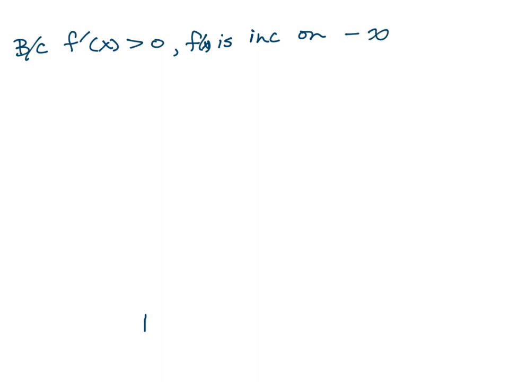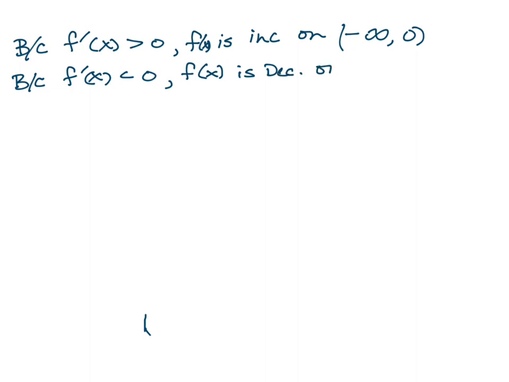Negative infinity to 0. Good. So because f prime of x is less than 0, f of x is decreasing on 0 to infinity. Questions on that?